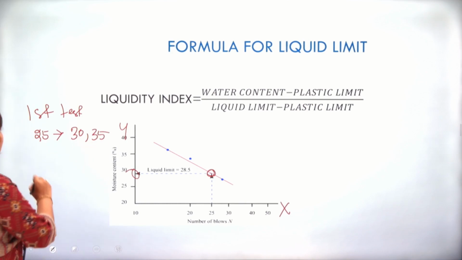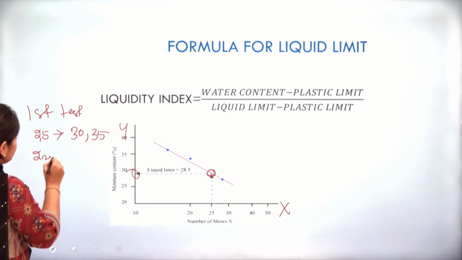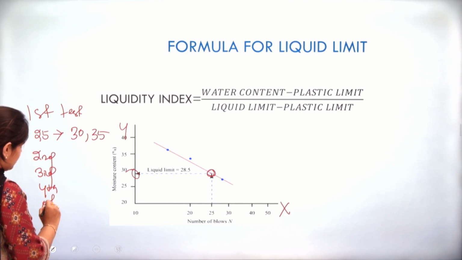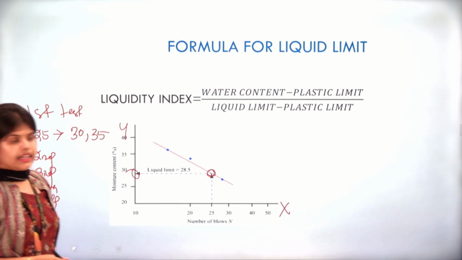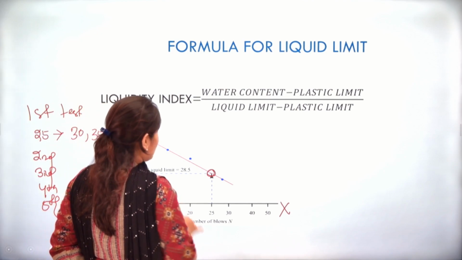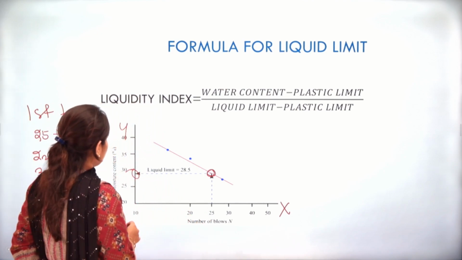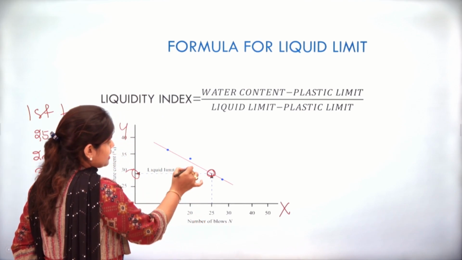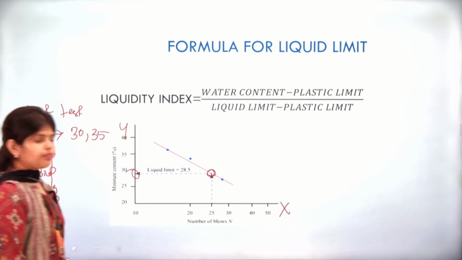Like that, we will have the second, third, fourth and fifth tests, and after having those tests we get the values and make this flow curve.